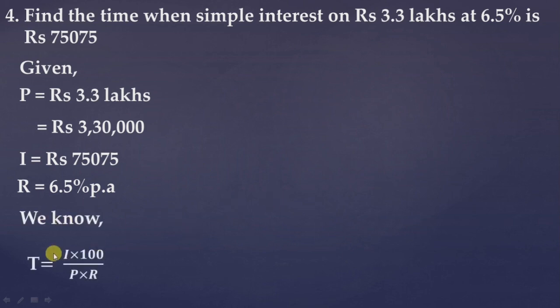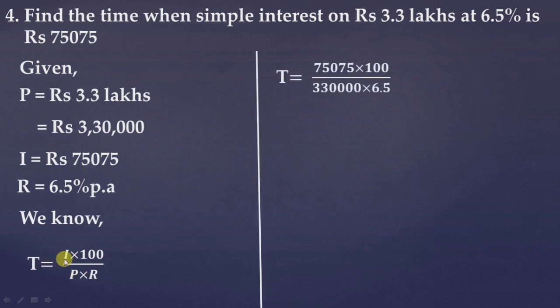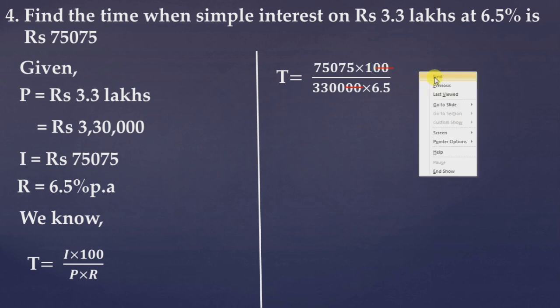We know T is equal to I into 100 divided by P into R. I means 75075 into 100. P is 330000 into rate 6.5%. So now here these two zeros will get cancelled.